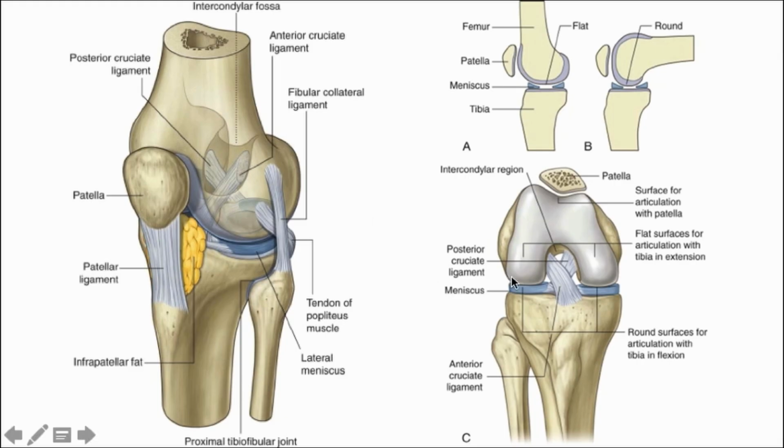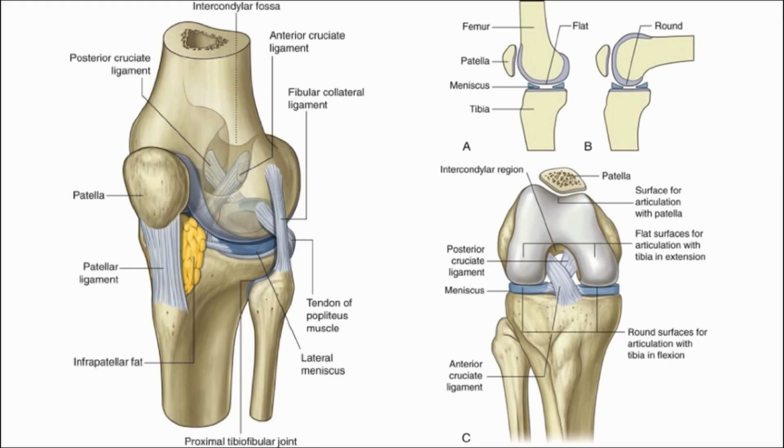And then, like we said before, we have these two fibrocartilaginous menisci, one on each side. You have medial and lateral, located between the femoral condyles and the tibia, and they help the smooth movement of the condyles on the tibial plateau.